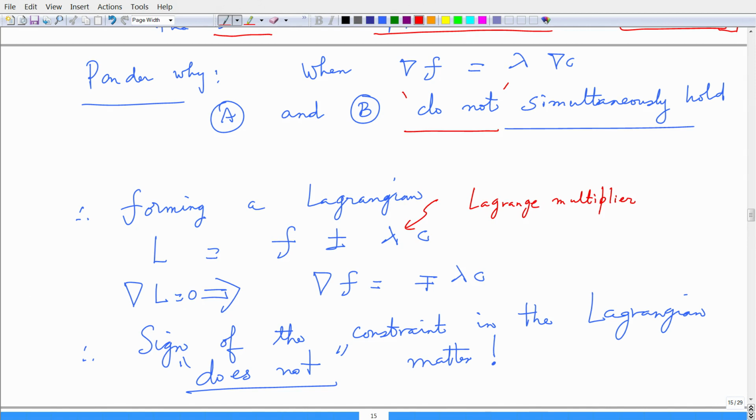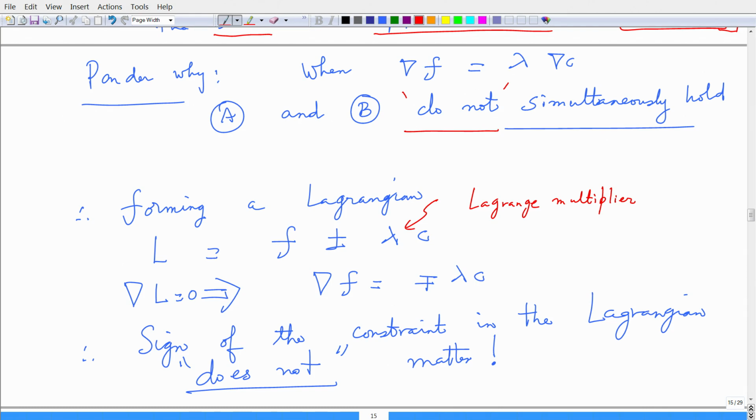Now when you take the gradient of the Lagrangian and set it equal to 0, because this is where we have to solve for our saddle points, then del F is equal to, I just transpose, put the lambda C on the other side, minus plus lambda del C.